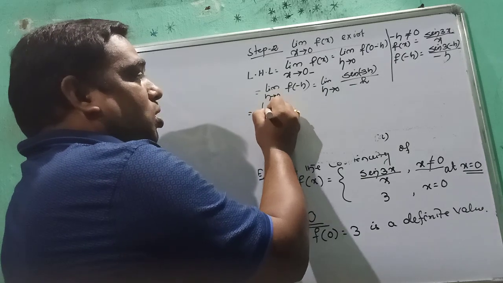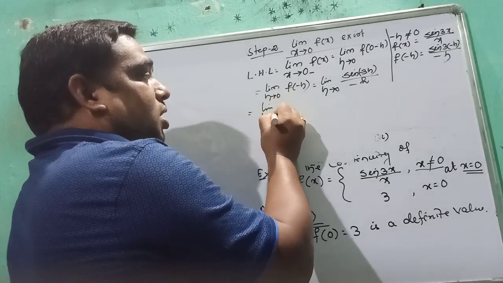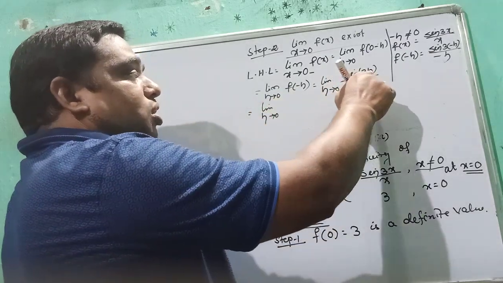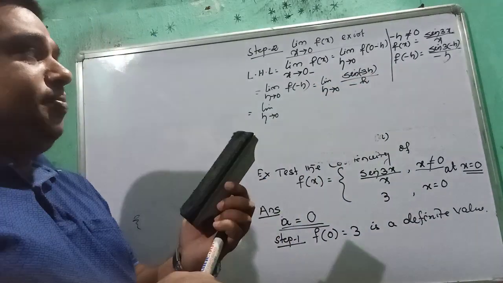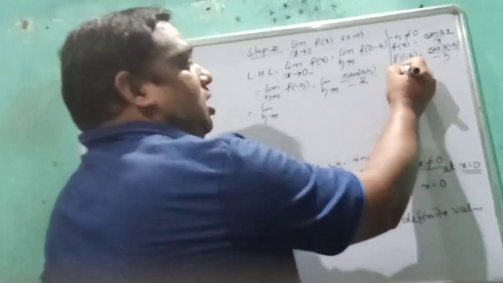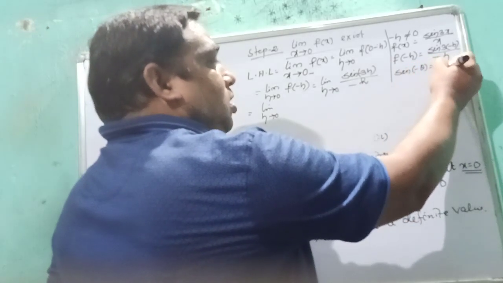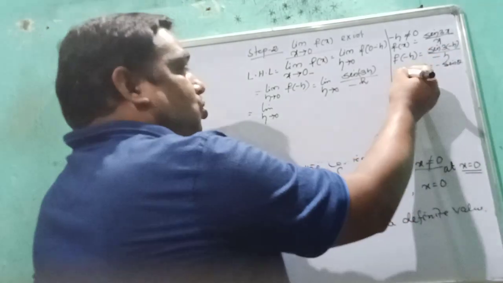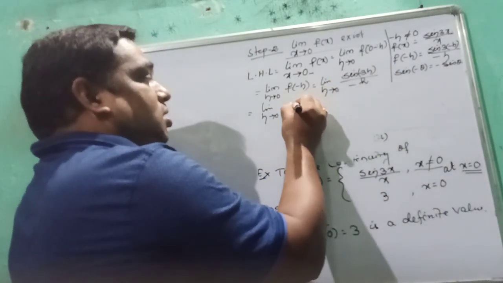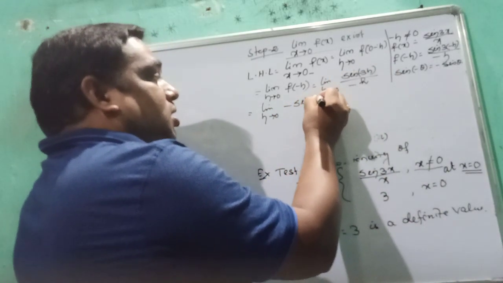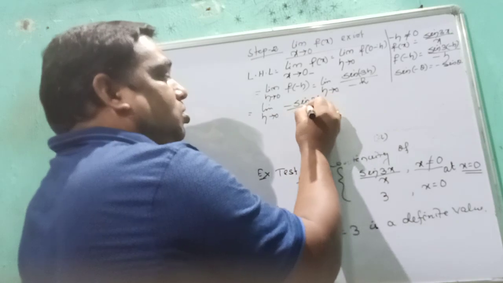Then, we know that sin of minus theta is minus sin theta. So sin of minus 3h is minus sin 3h, divided by minus h.